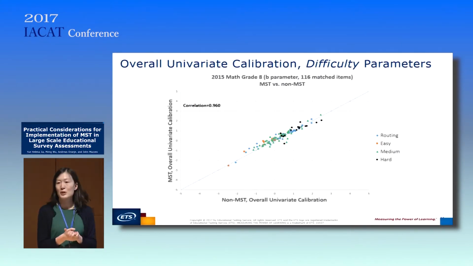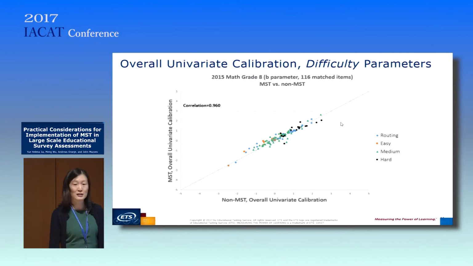Here is when you calibrate these 170 items all together from MST data collection. For the scatter plots, those are the difficulty parameters. On the x-axis are the parameters estimated from a non-MST design, and on the y-axis are the MST design data collection. Those are all 116 matching items.